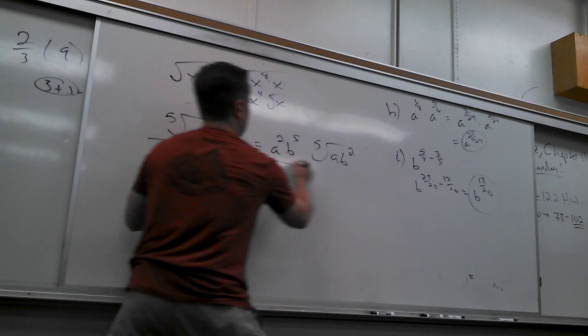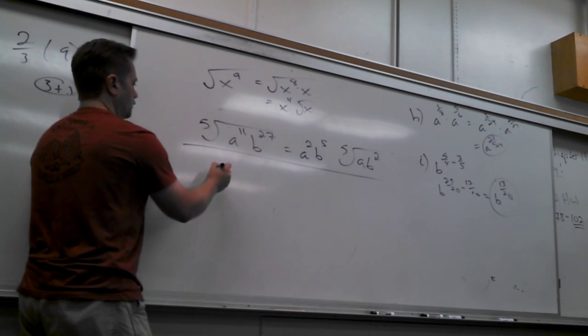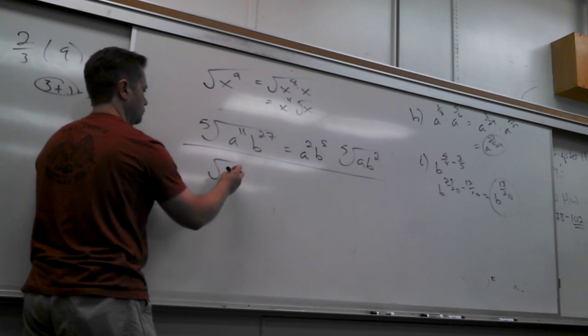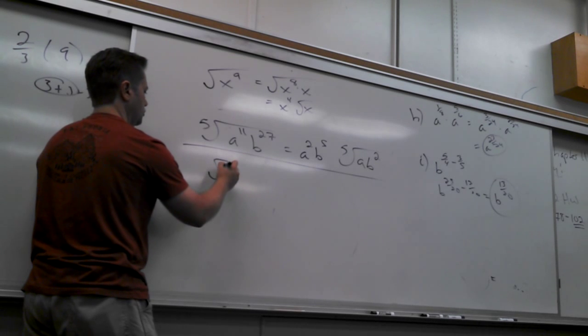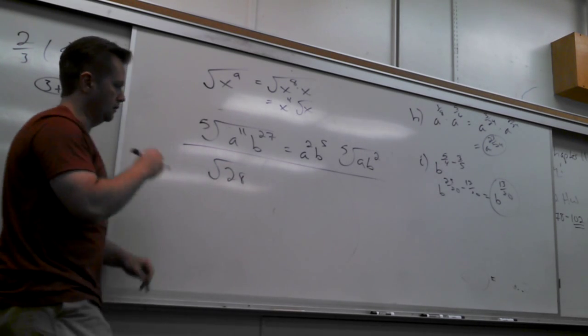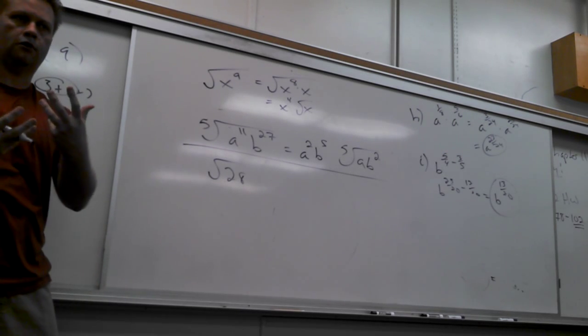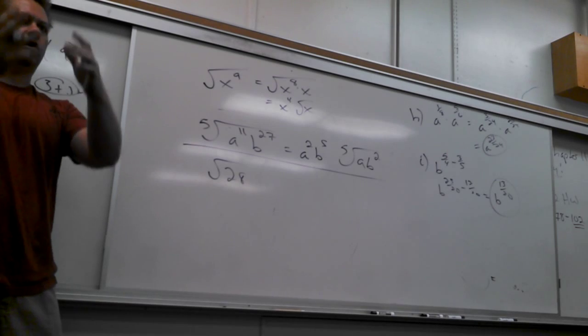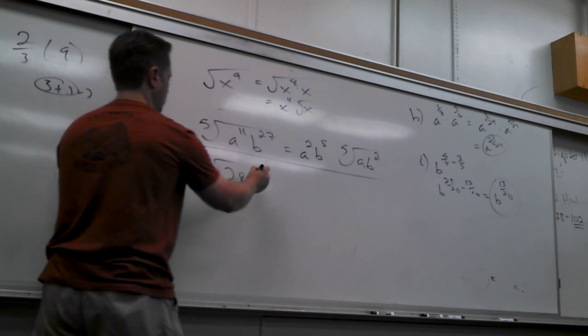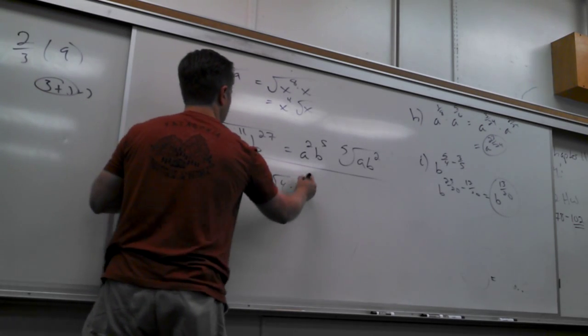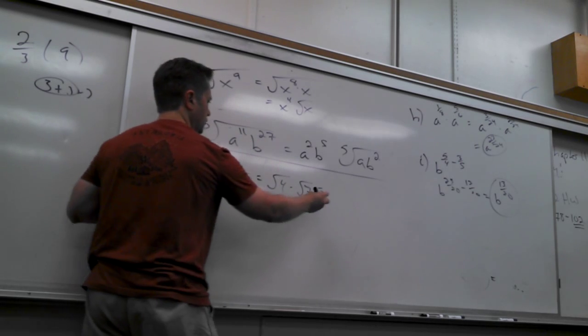But now getting back to numbers. So if I had the square root of 28, the two main ways to do this, the way that I personally do it, is to break it up into 7 and 4. So this would be square root of 4 times square root of 7. Square root of 4 is 2.